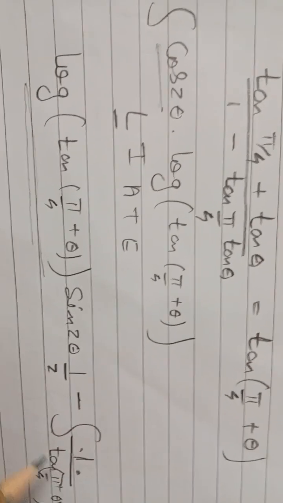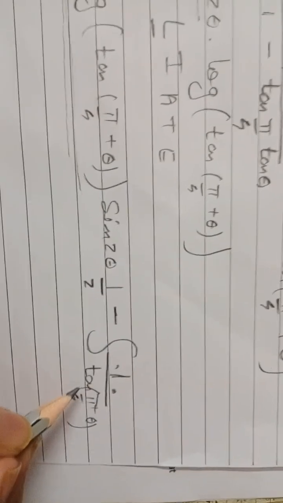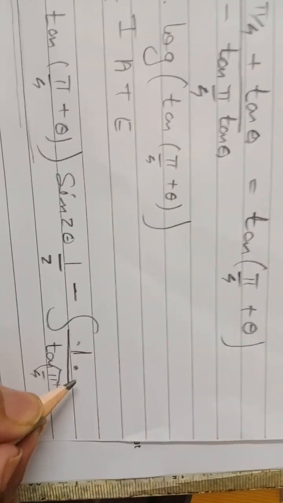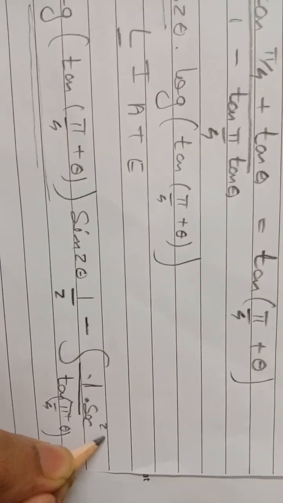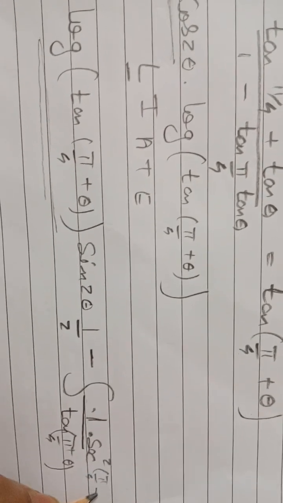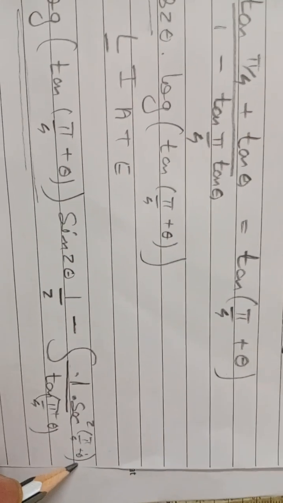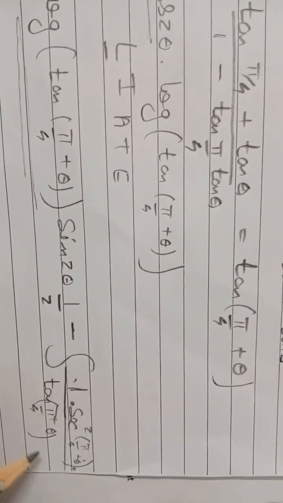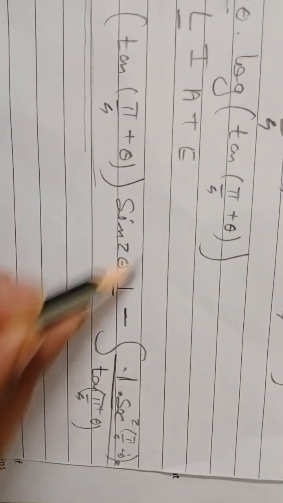Then by the chain rule, we now have to multiply by the derivative of tan, which is sec square of pi by 4 plus theta, and then into again this term. We'll write the sine 2 theta term here, and actually we are going to take the integration of this again, so this is going to be this.